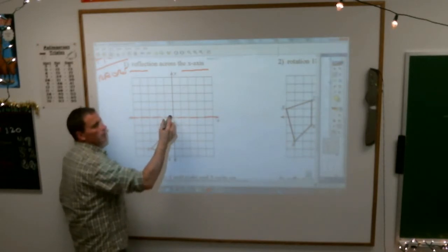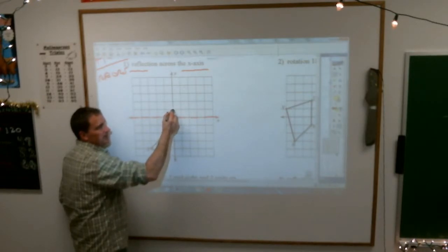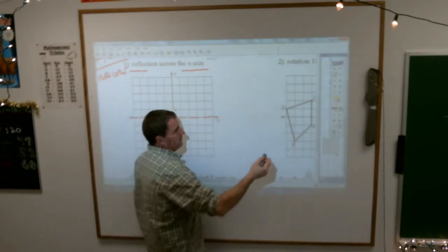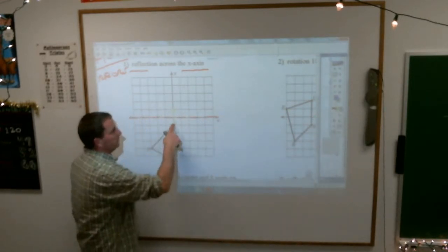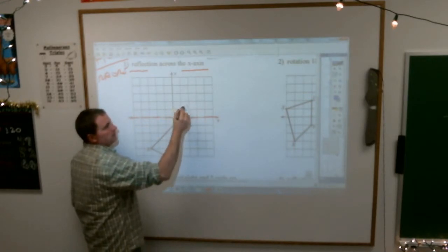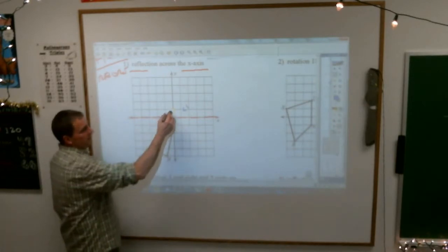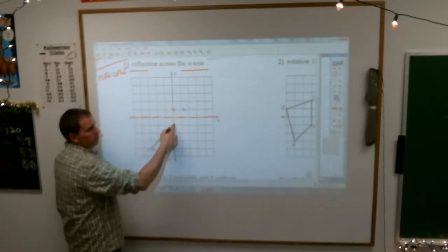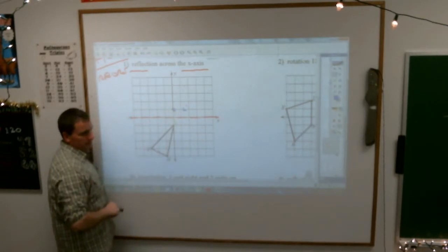So it's going to be 1 unit away going the other direction right here. And you need to label that. And in math, since that point coincides with point L here, what we do is we call this new point L, but with a little apostrophe up there that we call L prime. The new point is L prime. It is 1 unit opposite direction of the axis of reflection.